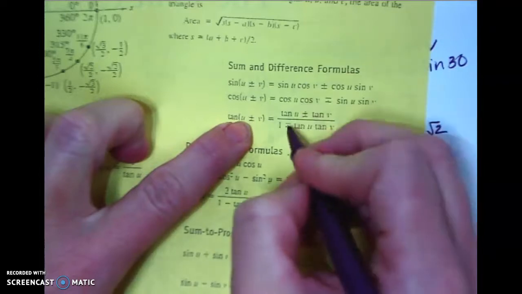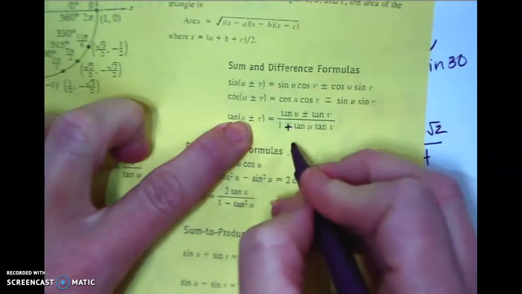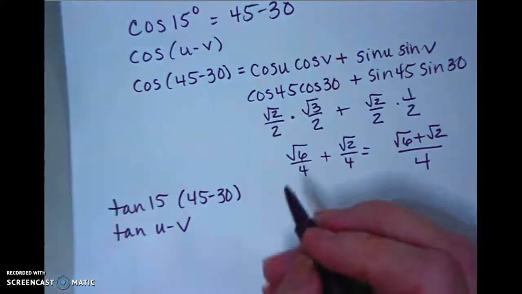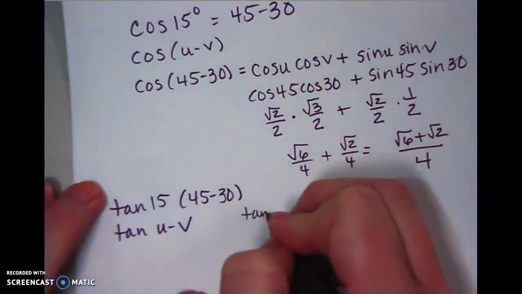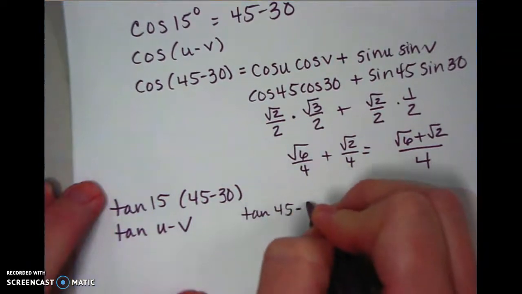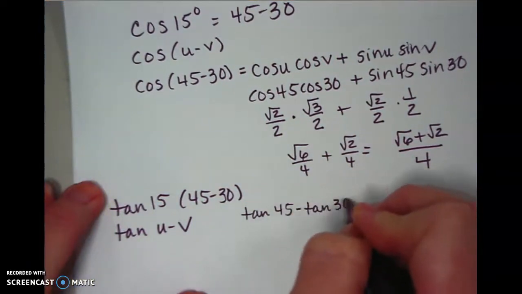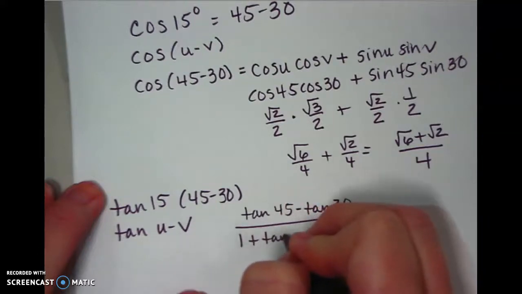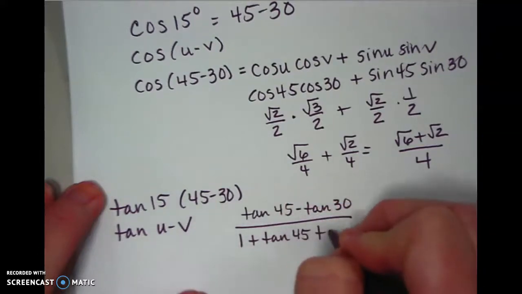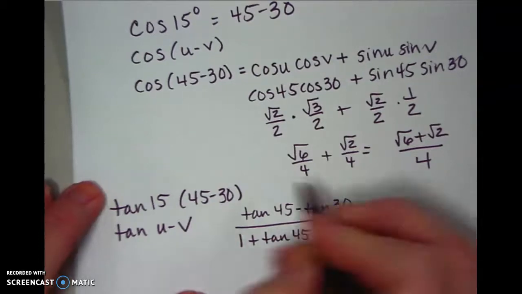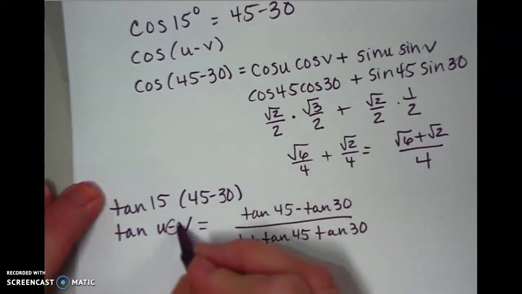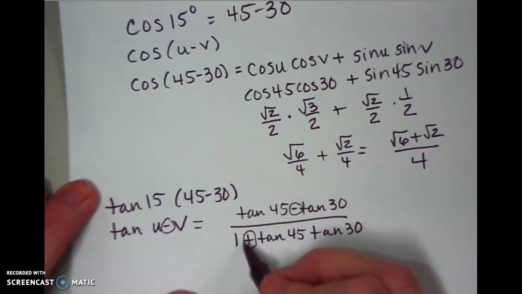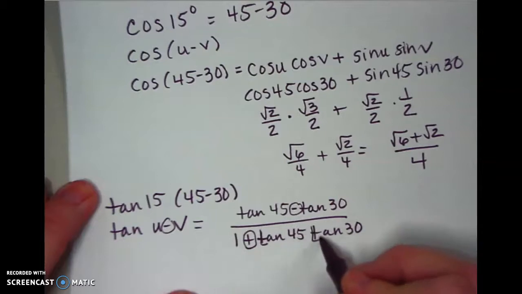But on the bottom, we're using the bottom symbol, which happens to be addition. So this is the tangent of 45 minus the tangent of 30 all over 1 plus the tangent of 45 times the tangent of 30. So when it's subtraction over here, it's subtraction up here, but changes to addition down there.